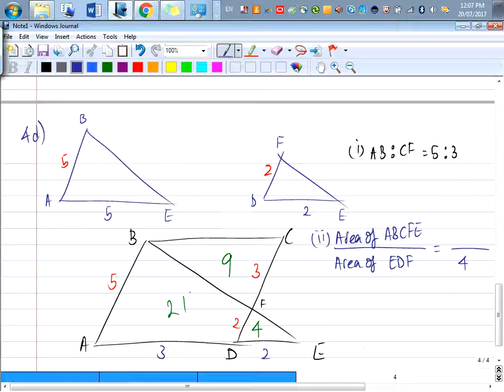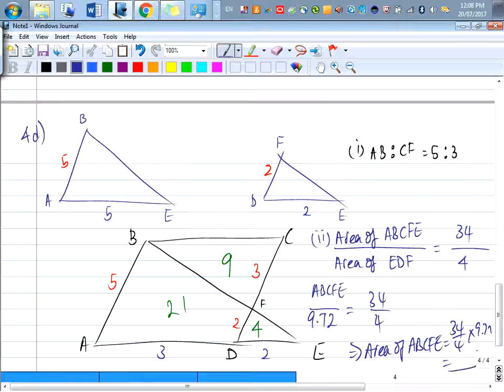Area of the entire thing will be 34, so 34 over 4. And we also know that area of EDF is equal to 9.72. And then A, B, C, F, E is equal to 34 over 4 times 9.72. Answer will be exact. No need to round off.